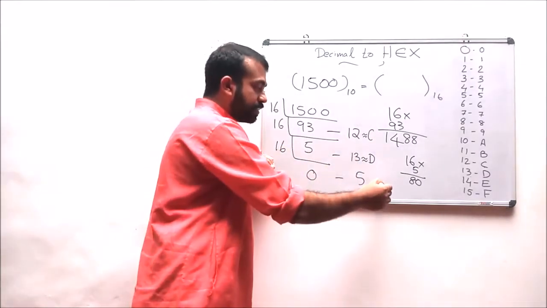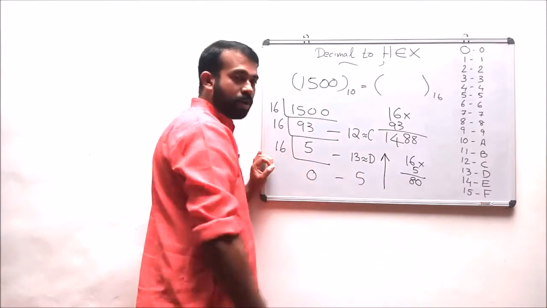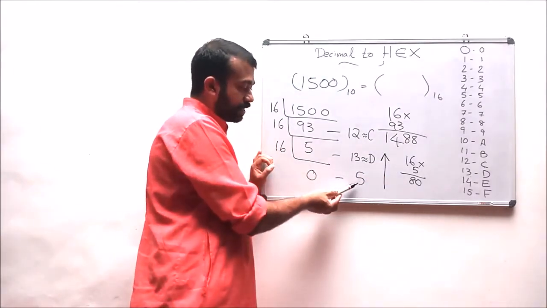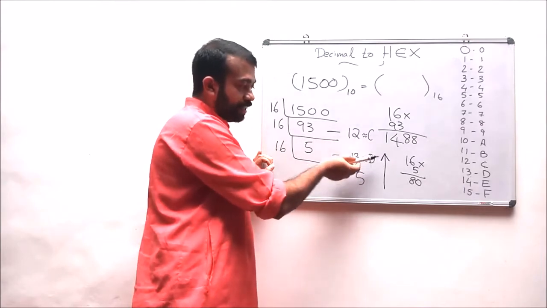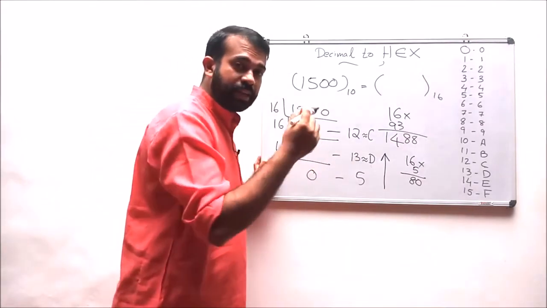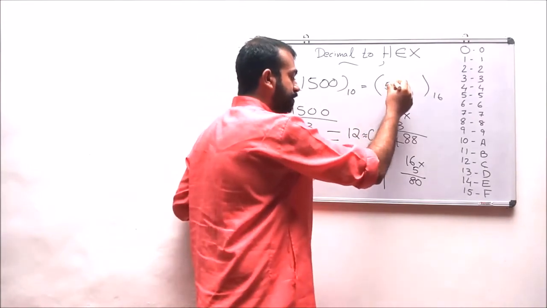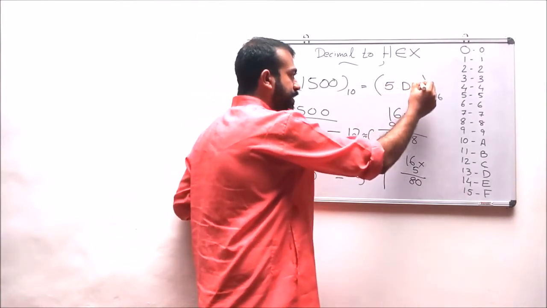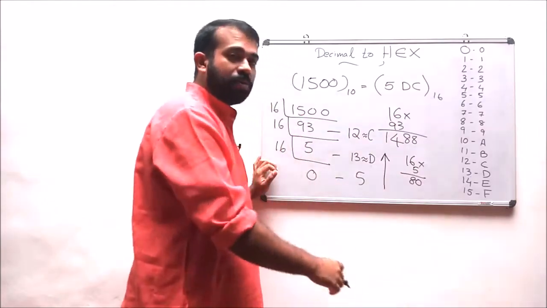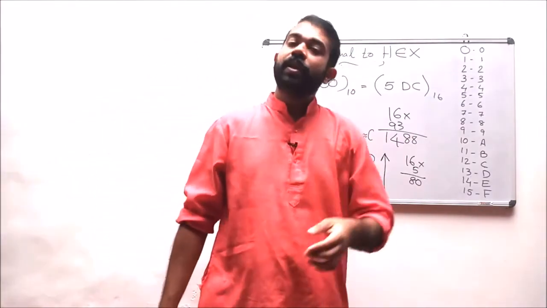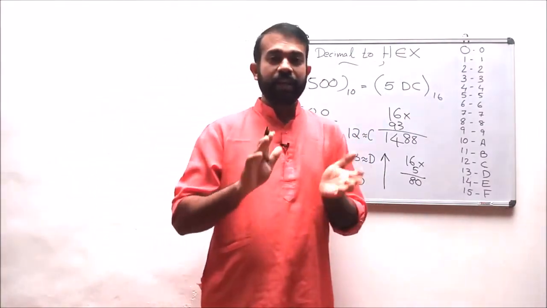The final answer is taken in the order bottom to top. So the hexadecimal equivalent is 5DC. The decimal number 1500 can be represented in hexadecimal as 5DC. This is how we convert a decimal number into a hexadecimal number.